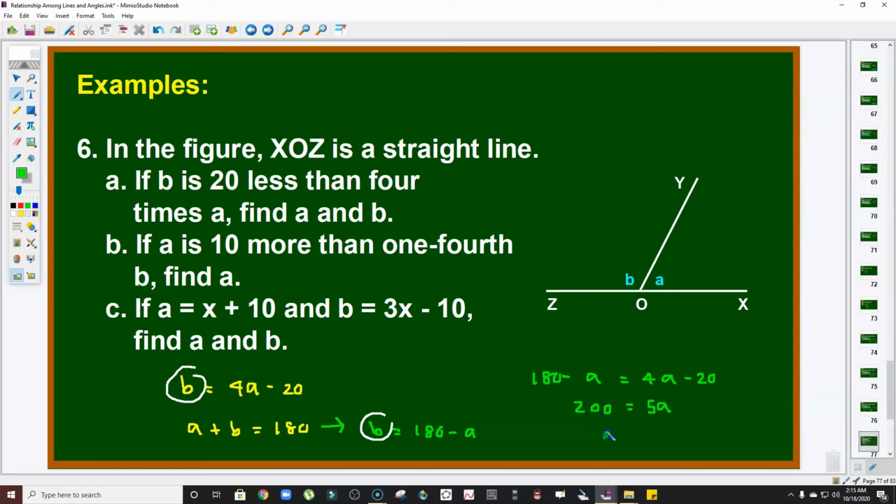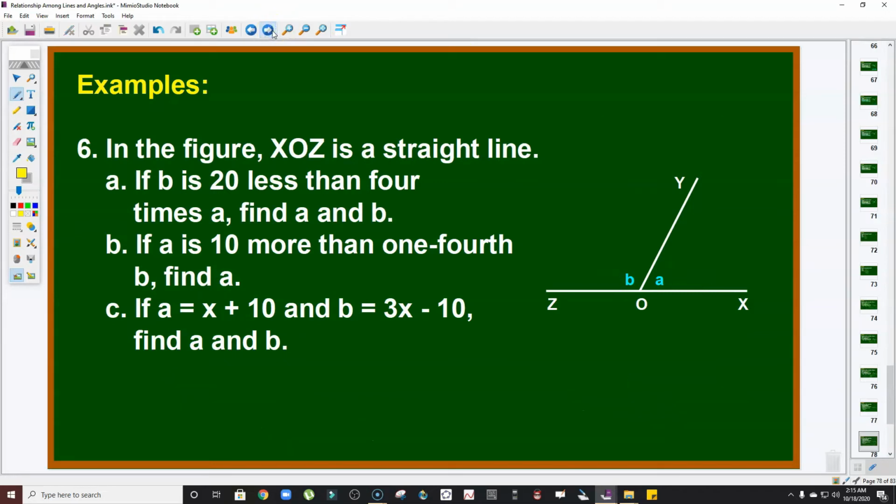See that? So, clearly, 200 over 5 is equal to 40. Okay? So, therefore, ang tanong kasi, what's A and B? So, yung A is 40 degrees. Alright? Yung B, syempre, 180 yung sum niyan, 140. See that?